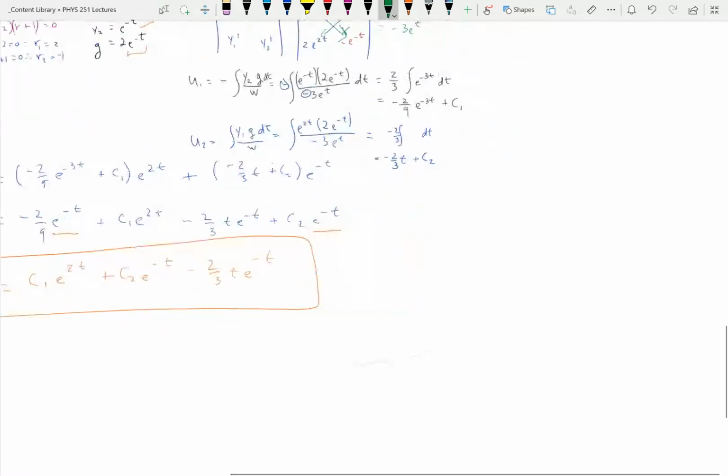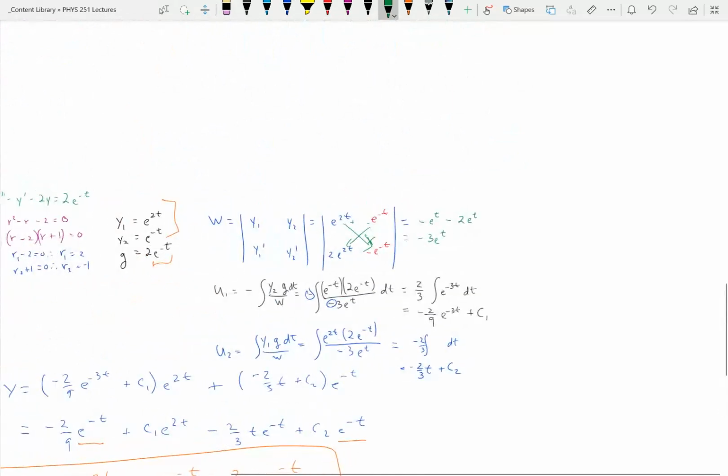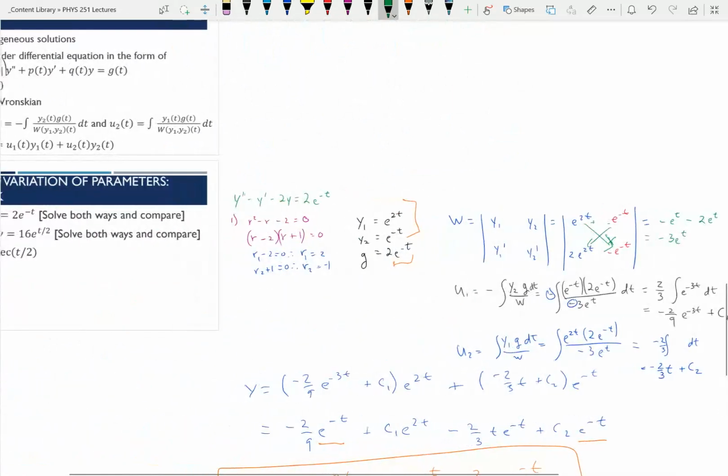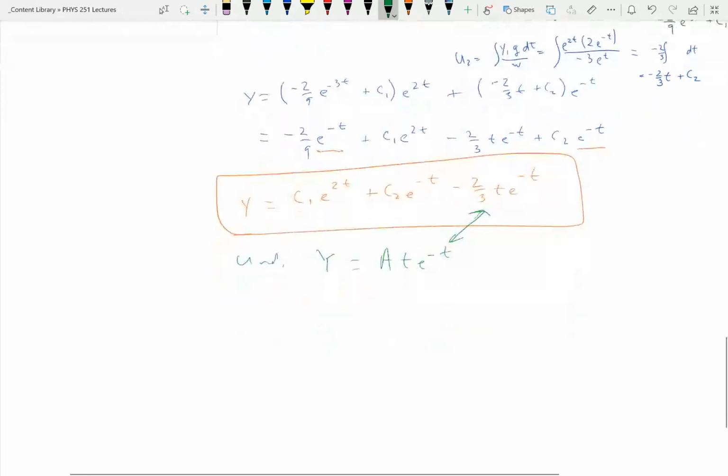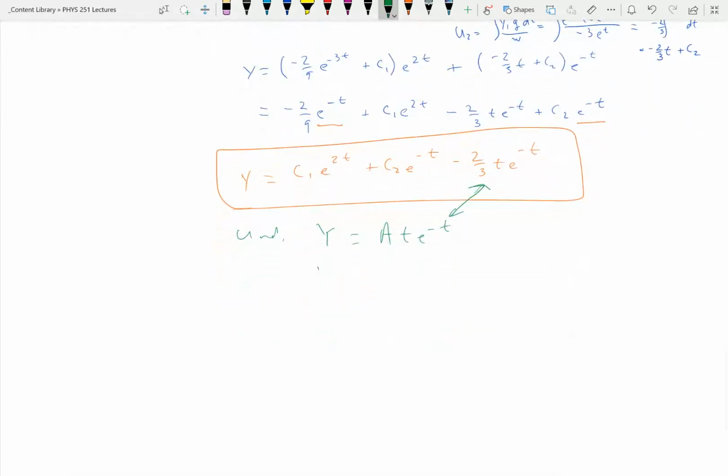And so doing it by undetermined coefficients, I'm obviously not going to have time to do the next problem, so I'm just going to write down here. Doing the undetermined method, capital Y is equal to a t e to the minus t. Already we can see that is the same form. It's just to make sure a is the right number. So y prime is equal to a e to the minus t minus a t e to the minus t.